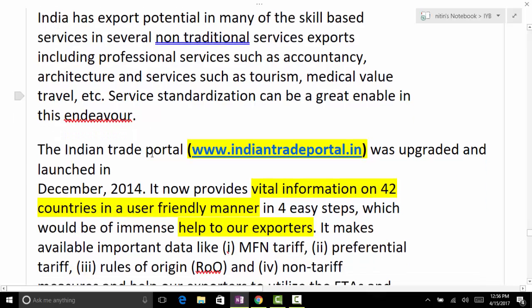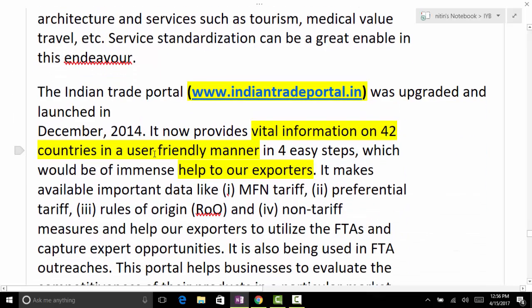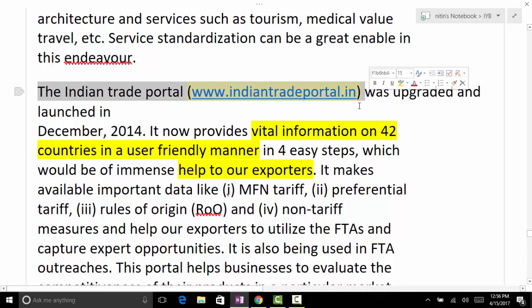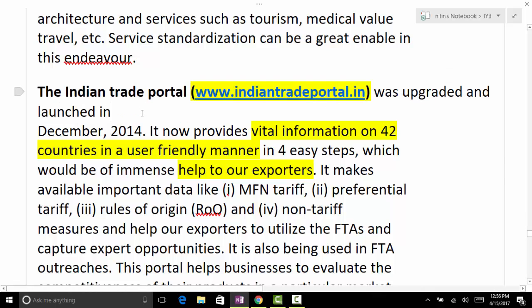Standards and services. Now come to Indian Trade Portal.in. Now this is important. You can use this point as well. From the name itself, whenever we bring a portal, the objective is to facilitate trade.